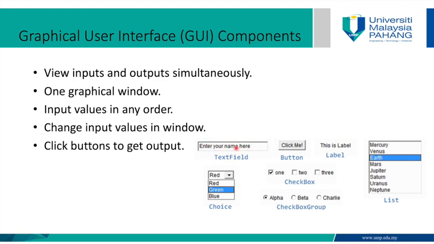For example, the user will be able to include their name in the text field, and then change the input values in windows such like this. They can change, they can choose, and then click buttons to get the output. For example like this one, the user will be able to click the button to get the output. These are the main components when you are designing your GUI.